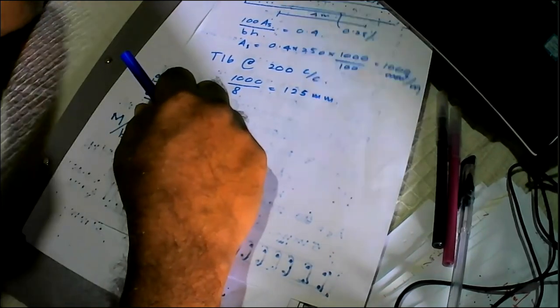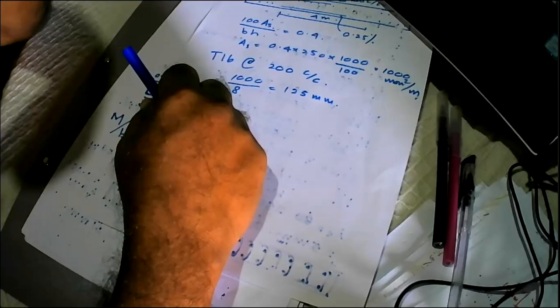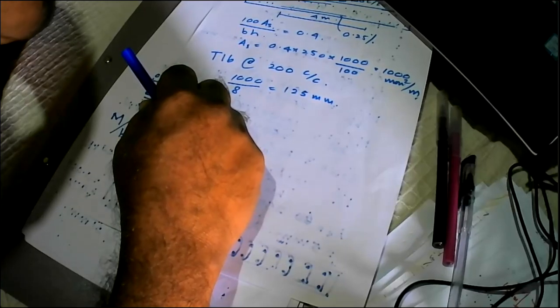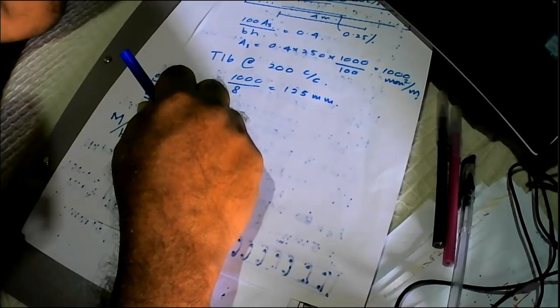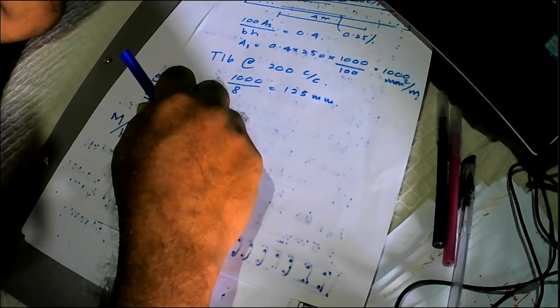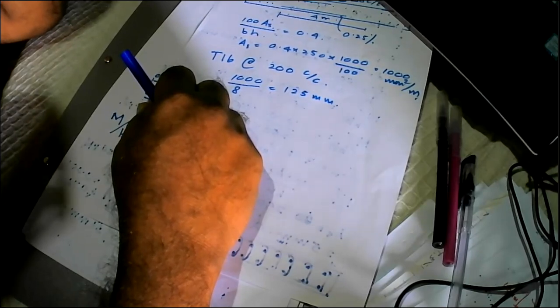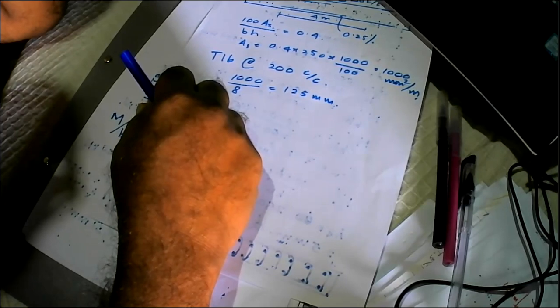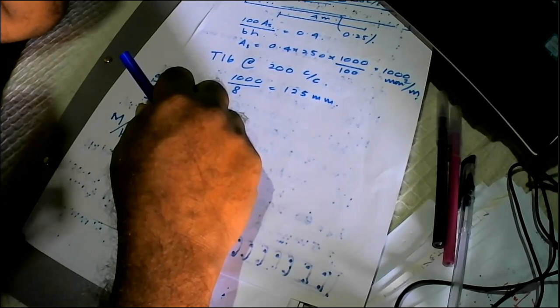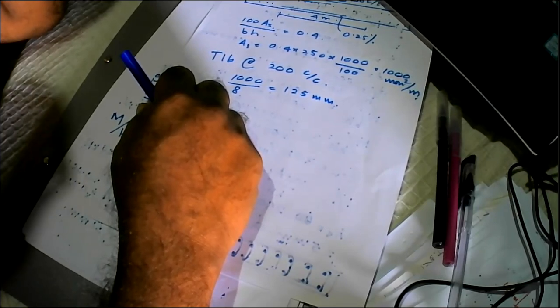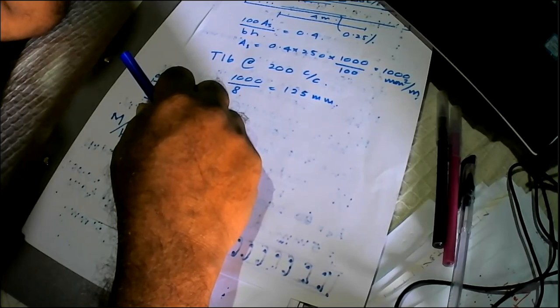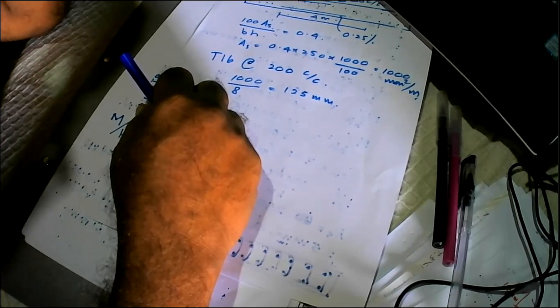So you have to get a reasonable value, not a very high value like 2 meters. Anything between 0.6 meters to 1 meter would be reasonable for a wall of 6-meter length. So if the wall length is 4 meters, you will definitely go for something like 0.5 meters, right? Okay, sir. Thank you.